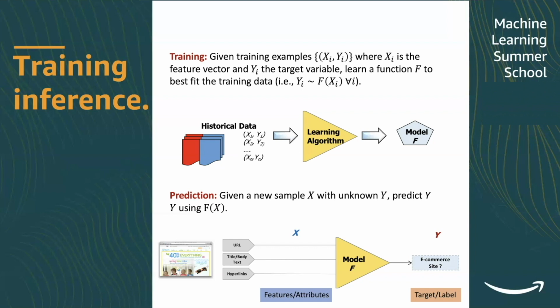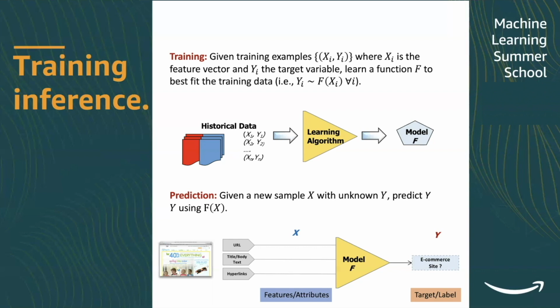So the learning algorithm takes historical data, past observations, and it returns a model F that we could use for prediction at test time. And this prediction or inference is the second step, where we receive actual unseen samples where we make our predictions using the model F. So F is simply a mapping from X to Y. And this is what a learning algorithm gives us.